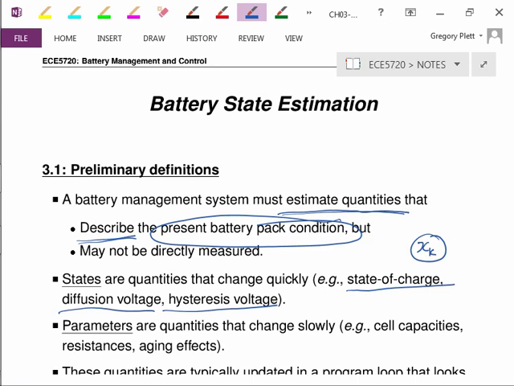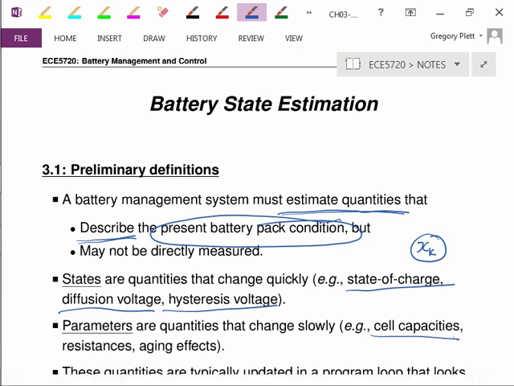Parameters, on the other hand, the biggest difference between a parameter and a state is the time scale of variation. A parameter changes slowly. In fact, you might just start out by saying a parameter never changes, although that's not strictly true. So we could say in a very well-maintained battery pack, the cell capacity will change only a few percent over the course of many years.